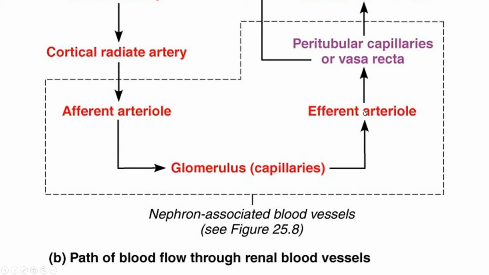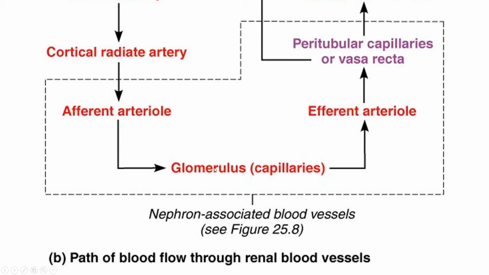So the kidney is specialized where it does not have that. So again, each interlobular or cortical radiate artery is going to lead into an afferent arteriole, which is going to feed a bowl-shaped capillary bed called the glomerulus.